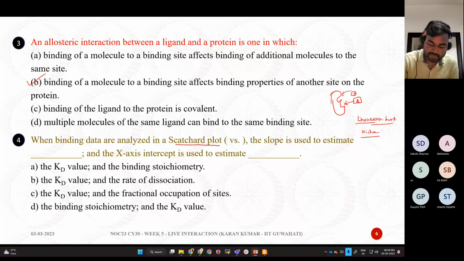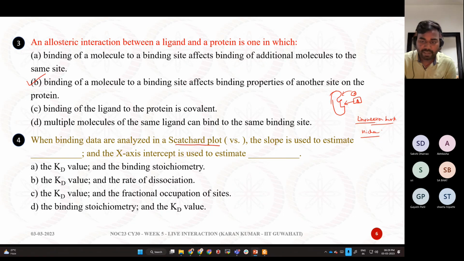This is also known as the double reciprocal plot. So the Scatchard plot is similar to the Lineweaver-Burk plot, but the difference is that when you are studying enzyme kinetics, you term it the Lineweaver-Burk plot. But when you are studying any protein or ligand interaction, it is termed the Scatchard plot.